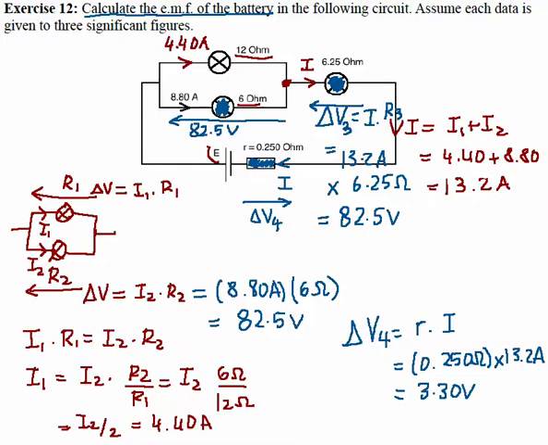And if I add them up, I will get the total voltage across the whole circuit, which is going to be the EMF. So E is delta V plus delta V3 plus delta V4, which is equal to 138.6 volts.